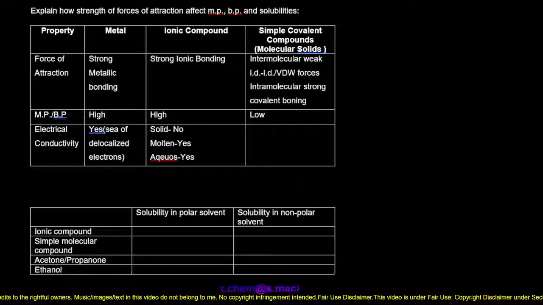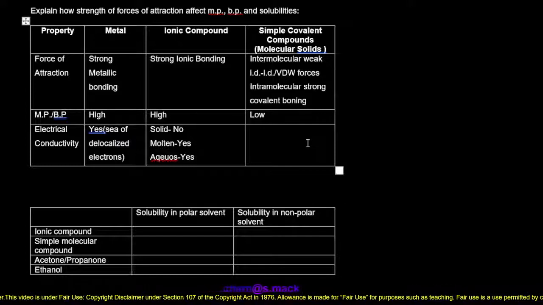This is because low amounts of energy are required to break the weak intermolecular forces of attraction between the molecules. We do not break strong intramolecular covalent bonding in a simple covalent molecule. This will change the chemical nature of the substance. So we are only breaking apart the intermolecular forces.